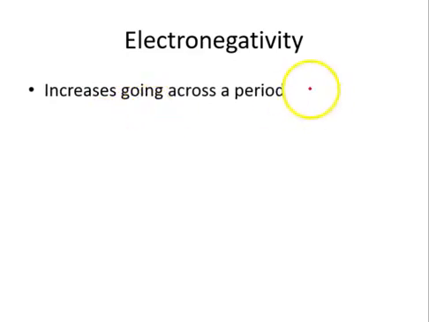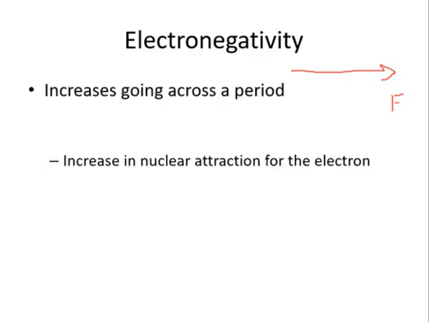Okay, so it increases as it goes across the period, because remember, fluorine is the highest, and it decreases as it goes down. So the reason it increases, as I said a moment ago, is that as you go across the periodic table, you keep getting more and more protons as you go across.